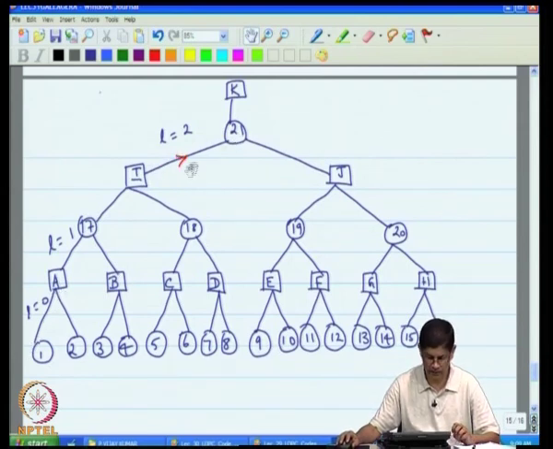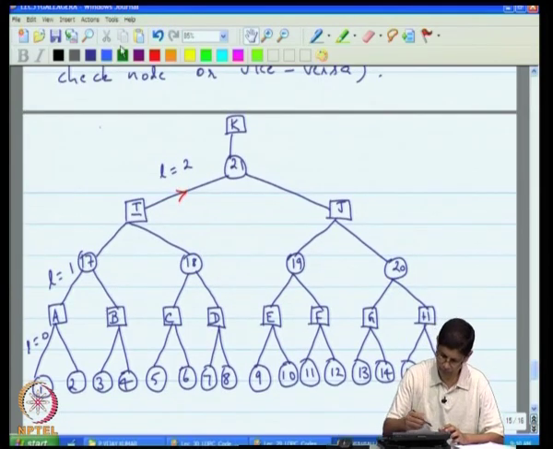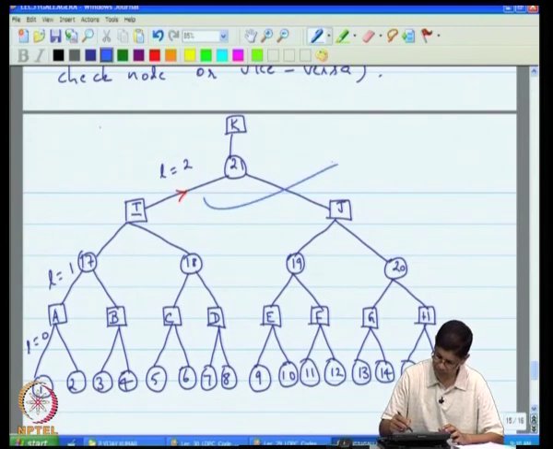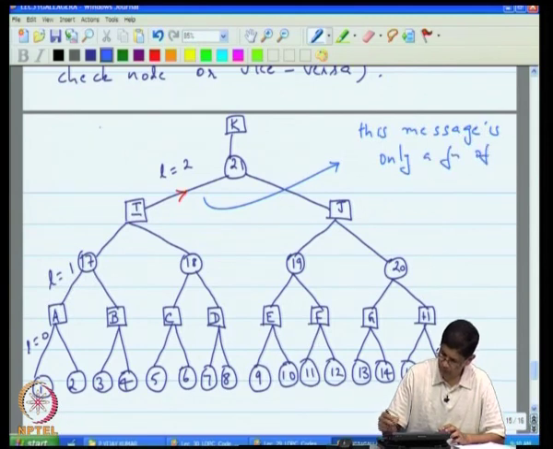So, during the second iteration, a message that is passed here is a function of what was incoming here, right. But what was incoming here is a function of what was incoming here, and so on. If you trace it back, this message is a function only of these received symbols y1 through y8. Okay. So, we will make a note of that. This message is only a function of y1 through y8.